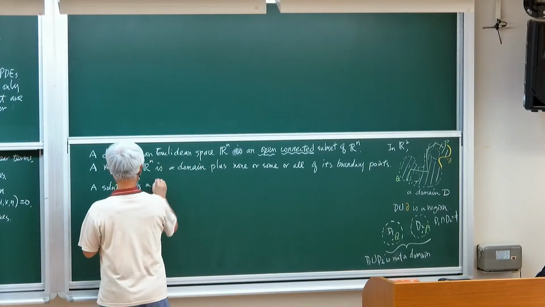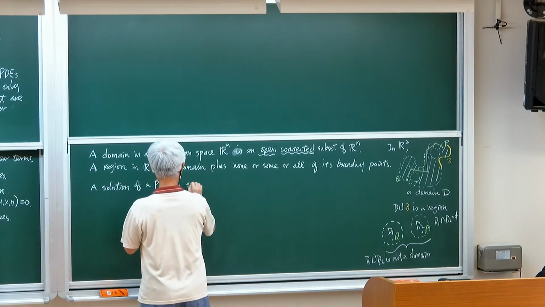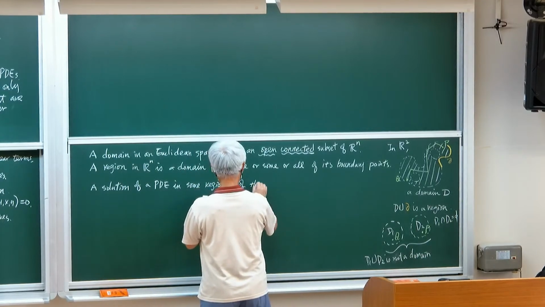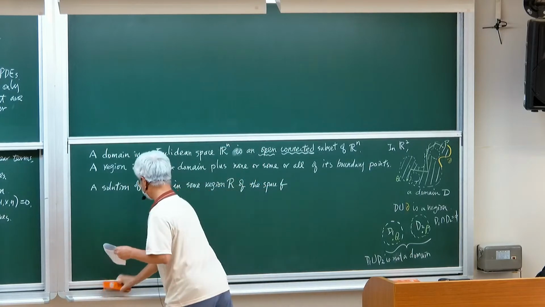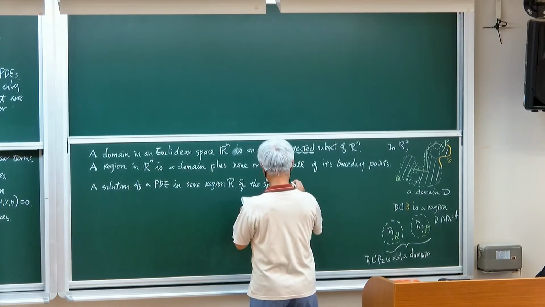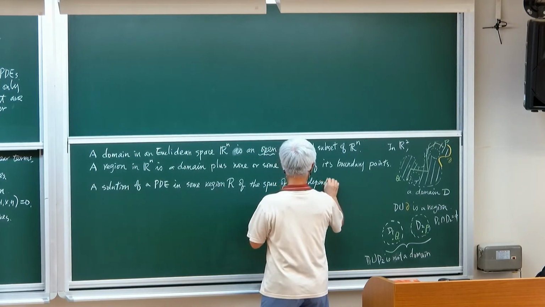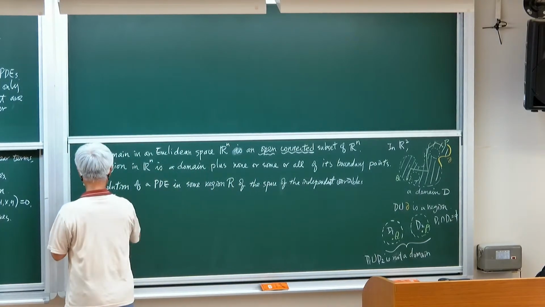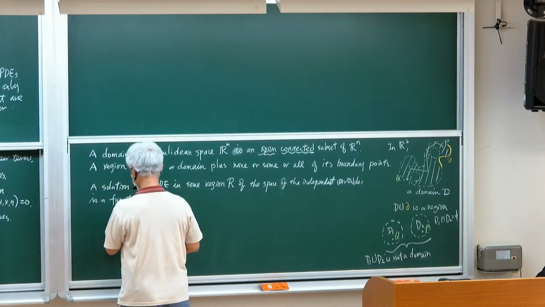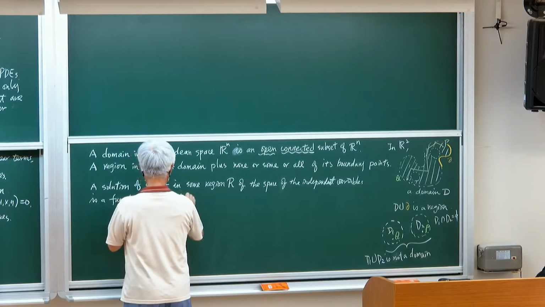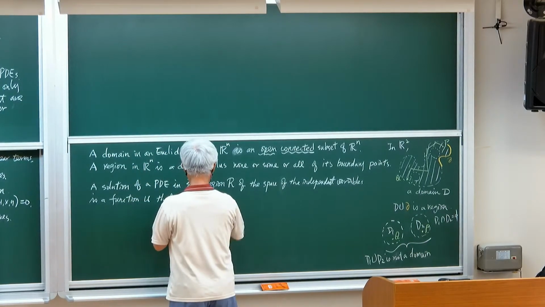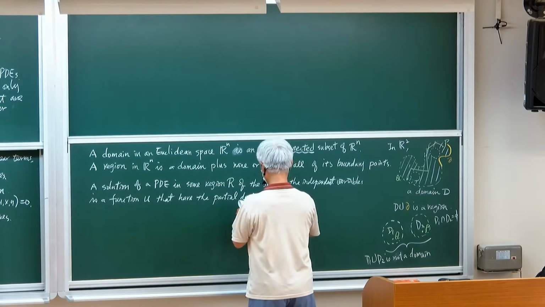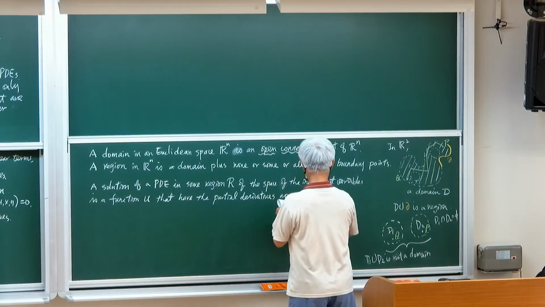So a solution of a PDE in some region, say R, of the space of the independent variables, it's a function U that has the partial derivatives appearing in the PDE.